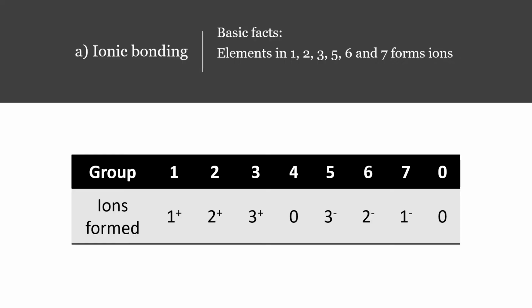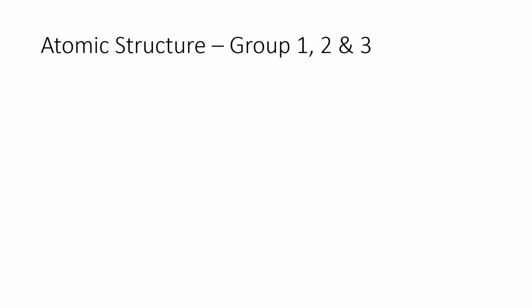Now let's look at ionic bonding. Elements in groups 1, 2, 3, 5, 6 and 7 form ions as shown in this table. Group 1 elements such as lithium, sodium, potassium, rubidium have one electron in the outer shell.